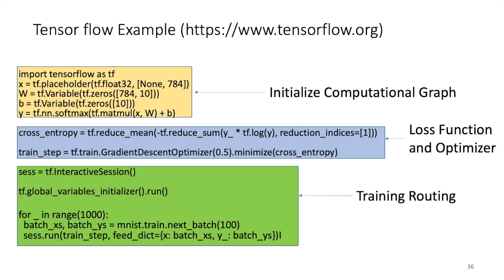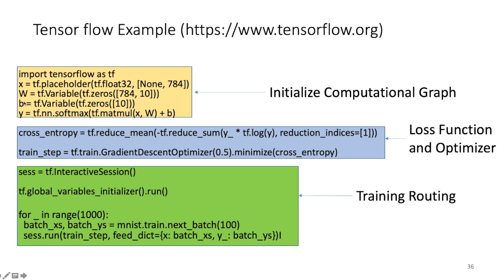As an example here, using these 5 lines of code, when you install TensorFlow, you can import the library as tf, and then you define a placeholder which has a data type of float32, and the size would be 784, and the batches could be of any size. That's why you put None.